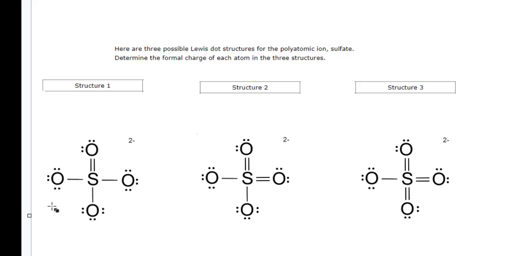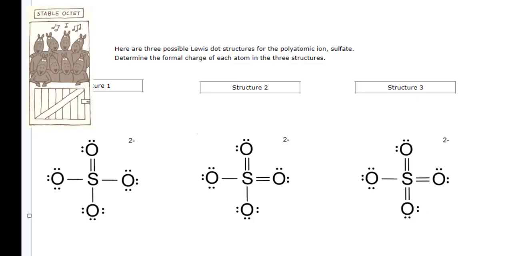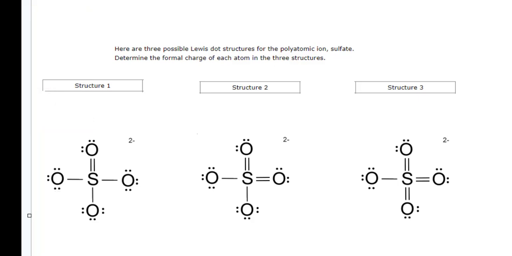If you look at all of these structures, they all have our prerequisite 32 valence electrons. Everybody's got an octet, but we've tossed in double bonds, and which one of these is going to be the more likely version?